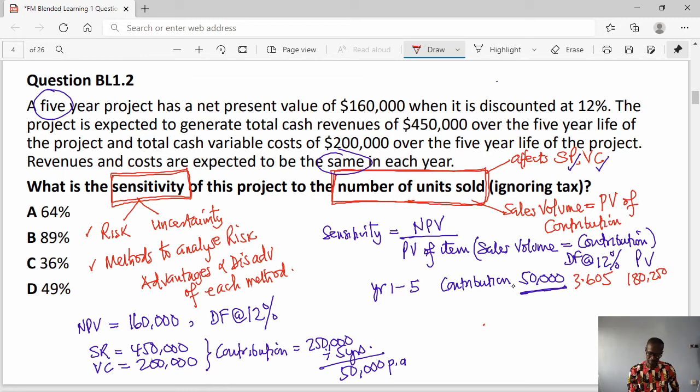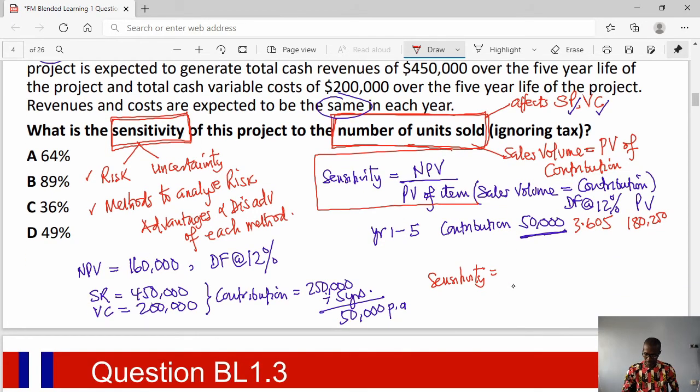So coming to the formula for sensitivity, the sensitivity is going to be our NPV, which was given as 160,000, divided by our present value of contribution, which is 180,250. I hope you got the same figure.